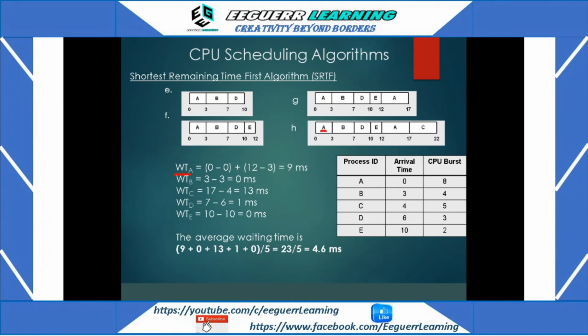Our method is looking at the tail first for the waiting time. The tail of letter A is 0, the value is 0, and place it here. And look for the arrival time of letter A, which is 0.